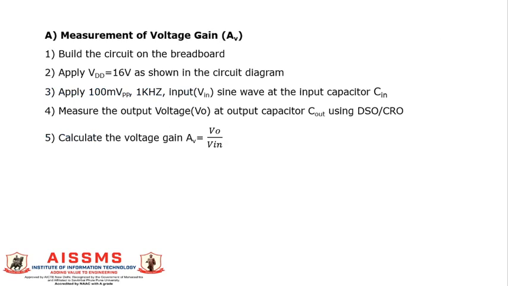The procedure for measurement of voltage gain is: build the circuit on the breadboard, apply VDD equal to 16 volt as shown in the circuit diagram, apply 100 millivolt peak to peak, 1 kilohertz sine wave input to the coupling capacitor C in, measure the output voltage, and the gain is calculated as AV equal to V0 by V in.